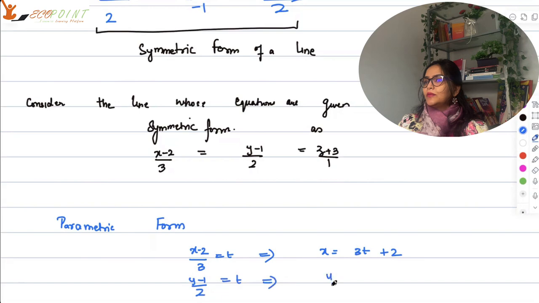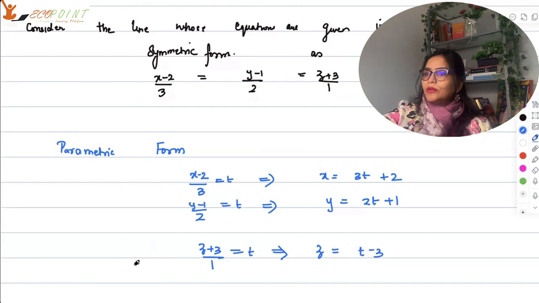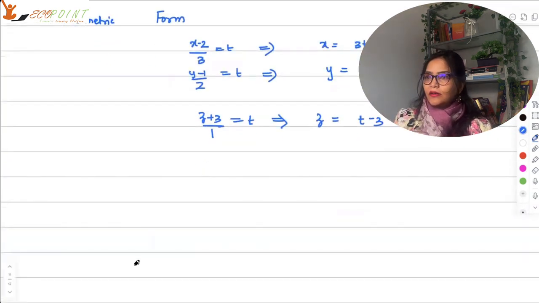That implies y is equal to 2t plus 1. Similarly, (z plus 3) upon 1 is equal to t. That means z is equal to t minus 3. So this would be our parametric form of x, y, z.